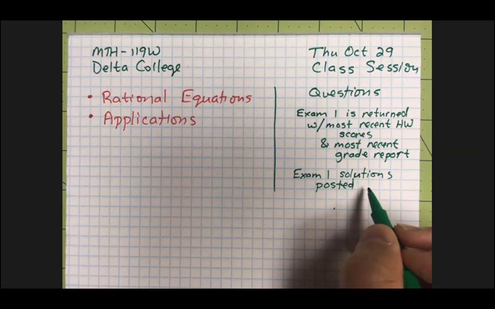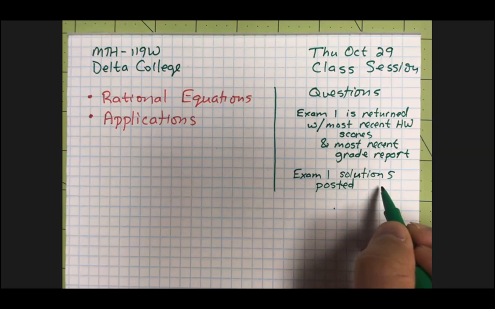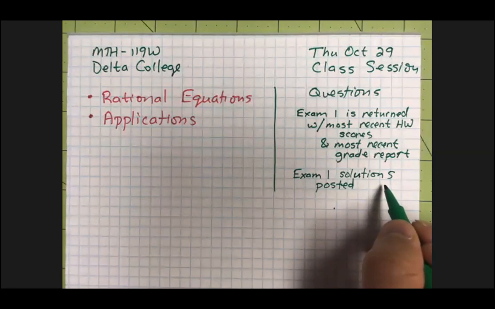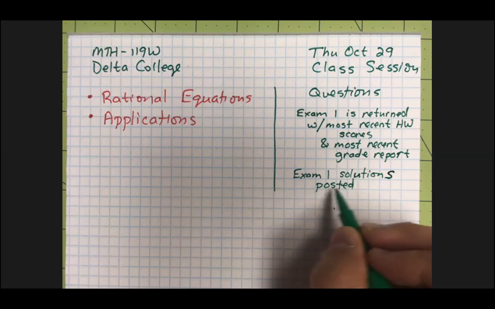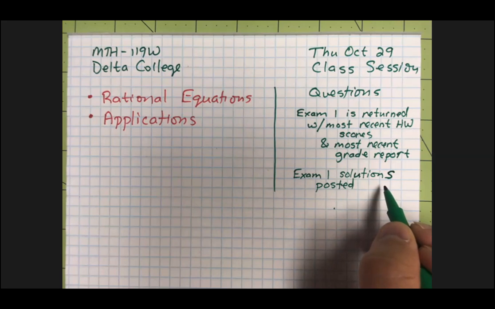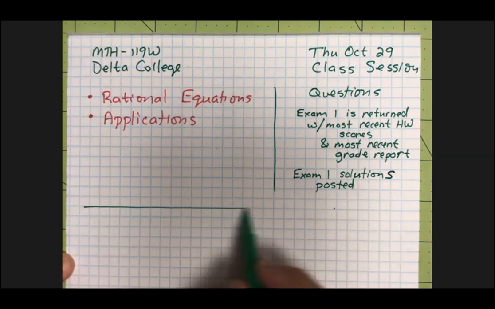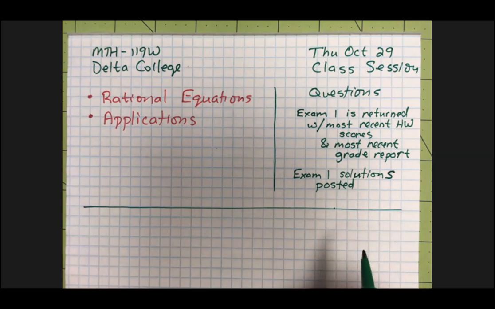Make sure you look at the answers before you ask the questions, just so you know exactly what you should or could have done. But then if your question is, why did you give me 10 points instead of 12 or 14 points instead of 18 points, whatever your question is, what did I exactly do wrong here? Then I'll be happy to answer that one-on-one, by email or in a one-on-one meeting. I don't want to discuss anybody's tests here in the class session.